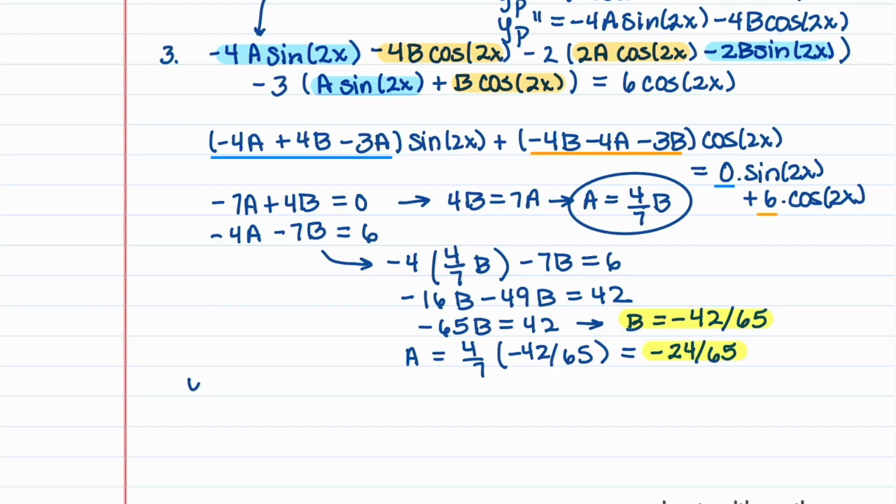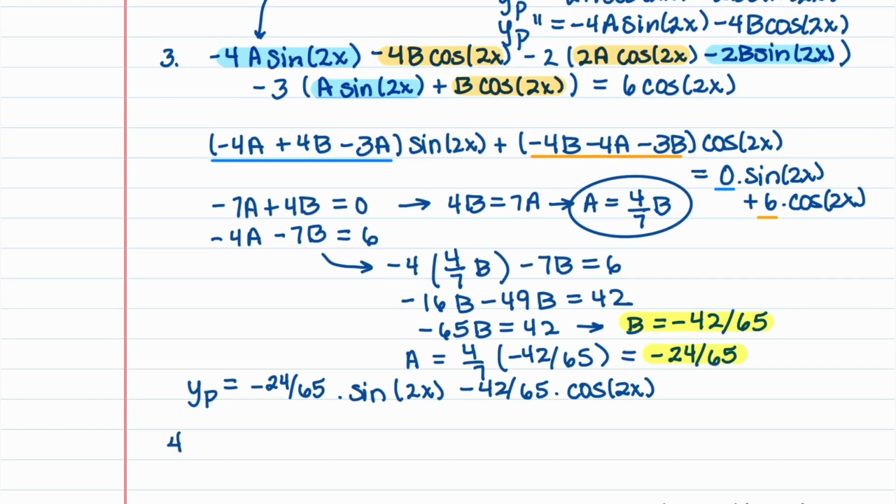Now we can write down our particular solution. It is equal to a, which is minus 24 over 65 times sine 2x, and then b, which is minus 42 over 65 times cosine 2x.